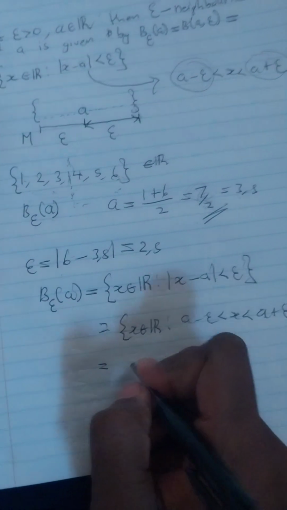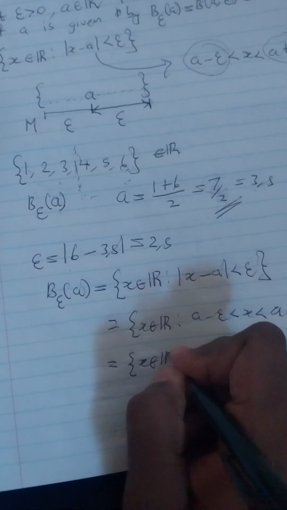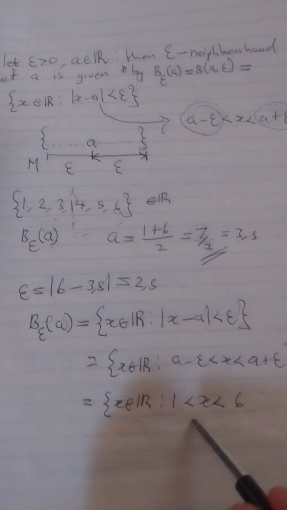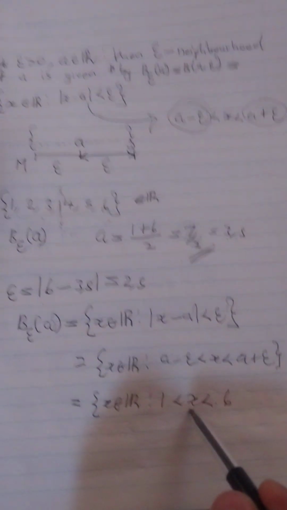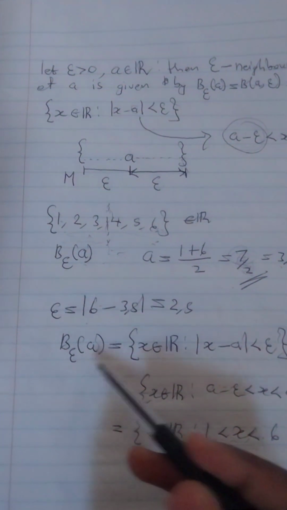Our center number we know already is 3.5. Here there's no need to actually plug in the values, because we already know that the outer limits of the set are 1, which is less than x, which is less than 6. So any number that is found within this range is said to belong to the neighborhood of A. And that's a good place to stop.